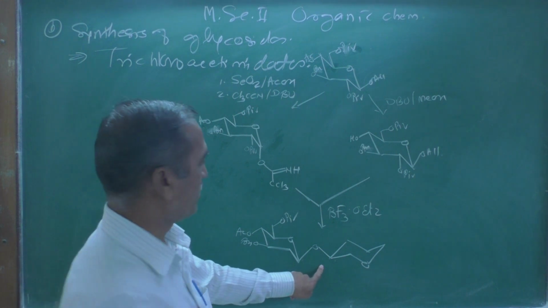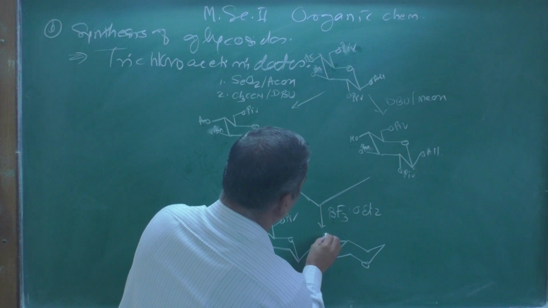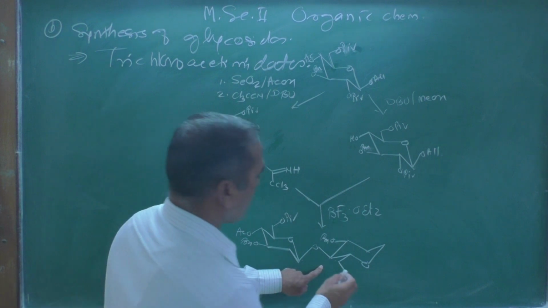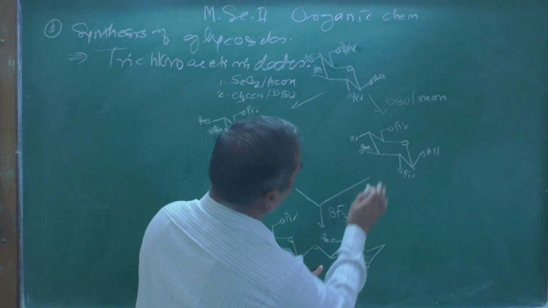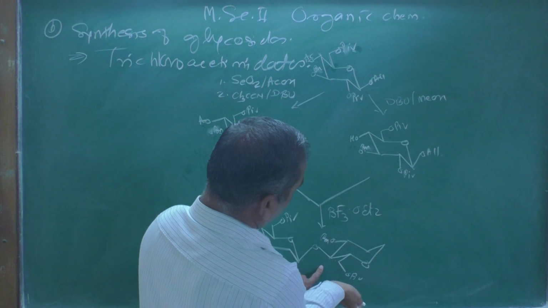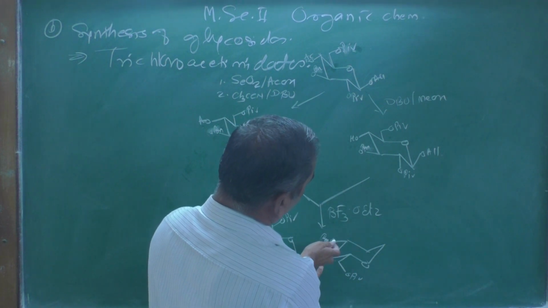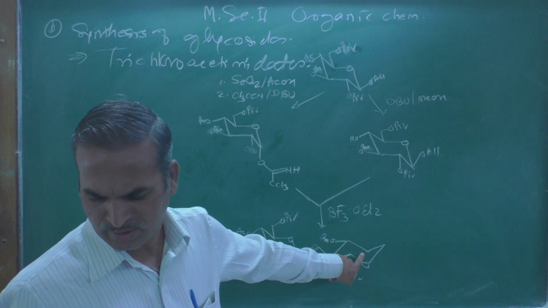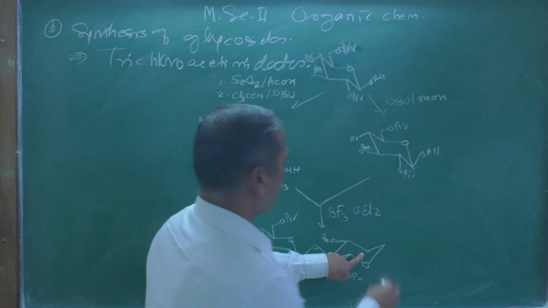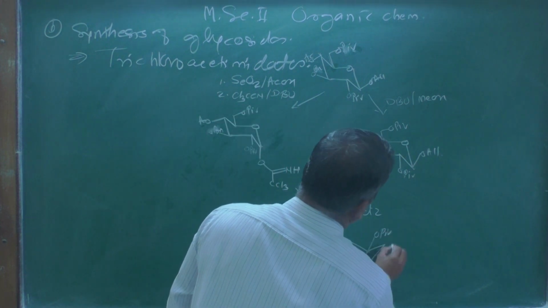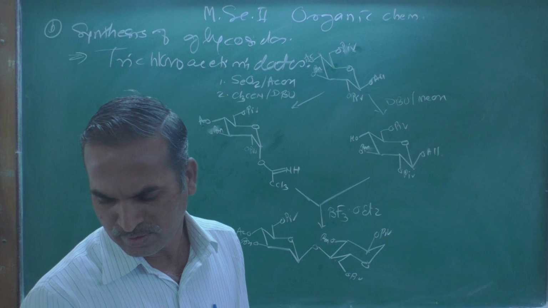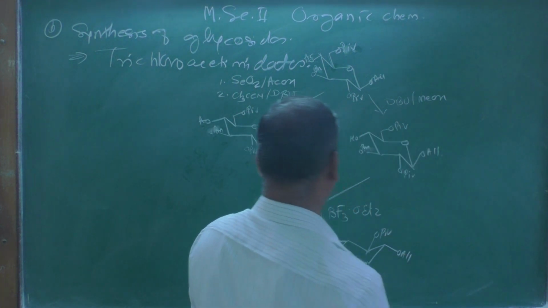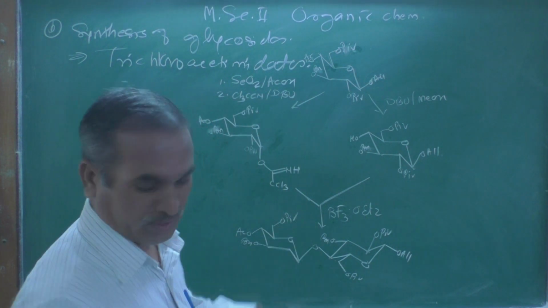How do we write it? Here is OBn, and here this one should be OPiv, because the downward OBn comes above, then OPiv remains here, and at the equatorial position the O. So this is what we got here.